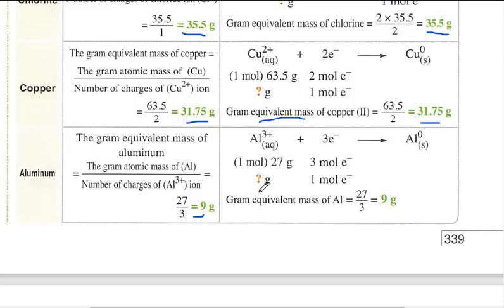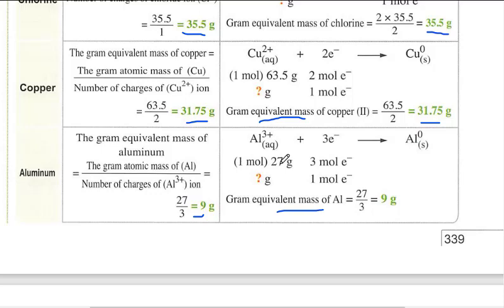We want to calculate the amount required to be reduced by only 1 mole of electrons. This quantity as a mass is the equivalent mass. So 27 grams is reduced by 3 moles; how many grams by 1 mole? By cross multiplication, it also gives 9.